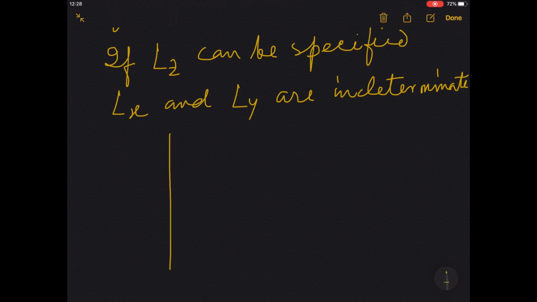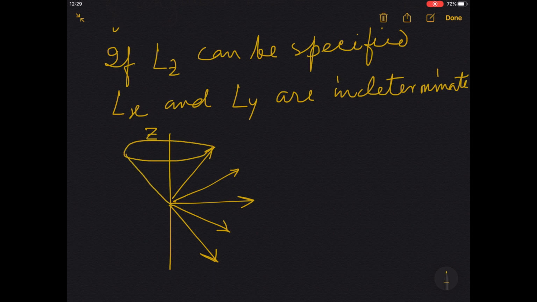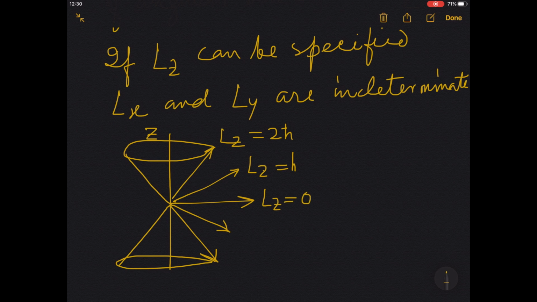For example, a d subshell of an atom, L equal to 2, consists of 5 individual atomic orbitals that are distinguished by values of ml equal to +2, +1, 0, -1 and -2. For magnetic quantum number equal to 0, the cone becomes a circle in the xy plane.